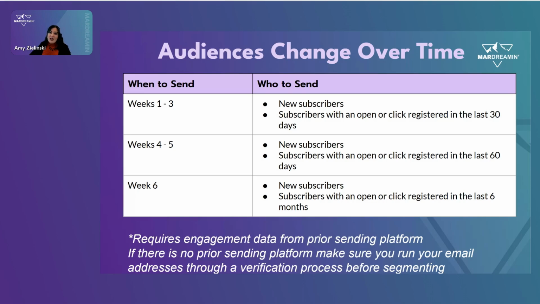I don't really suggest, and we'll talk more about this as well, sending to people who are over 6 months out in engagement regardless. Even after IP warming is finished, there's no use in wasting your email sends on a stale subscriber. However, this does change based on your business practices.